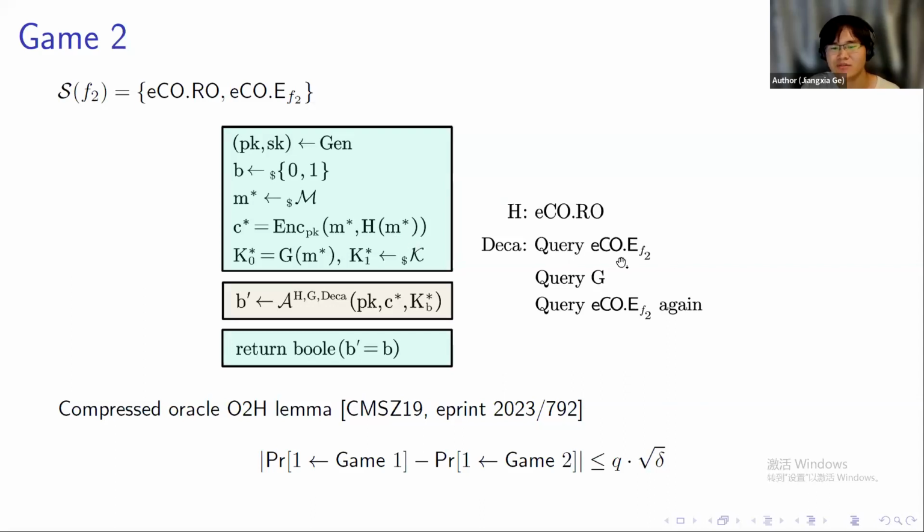However, the extraction interface may disturb the simulation of the compressed standard oracle on point M star, because it actually performs a computational basis test on the database register. But fortunately, we prove that if the underlying PKE scheme is gamma spread, the disturbance caused by the extraction interface ECO.EF2 can be upper bounded.